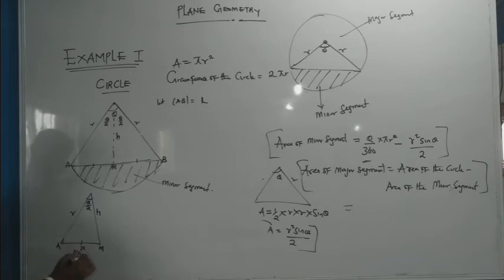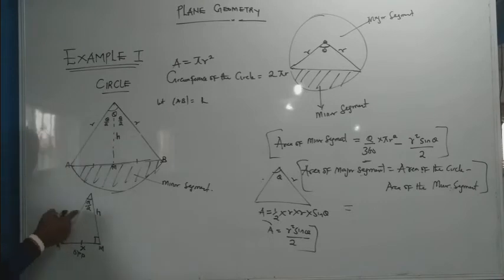This side, opposite the 90 degrees, is called the hypotenuse. So we're going to make use of the opposite and the hypotenuse. Why? Because we don't have any value for h, and you don't need h when we have the radius, because we always give you the value for the radius. So make use of the radius and x.